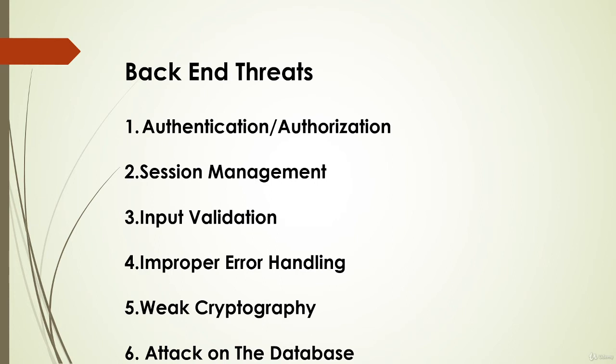That means if there is no proper authentication, an attacker is able to log in to the victim's account or APK, as there is no proper authentication implemented. Authorization is when there is no proper right assigned to a user. That means even a normal user can access admin rights, and then the authorization issue comes into the picture.